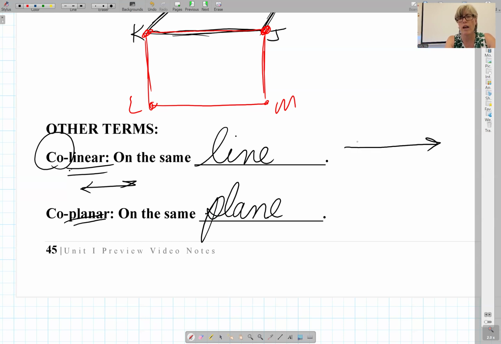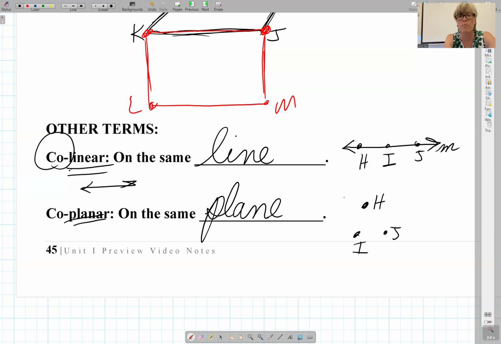So here, if I have a line, I have the points H, I, and J. They are collinear. H, I, and J are collinear on the line. Let's give it a name, M. Now here, coplanar, H, I, and J are not collinear here.